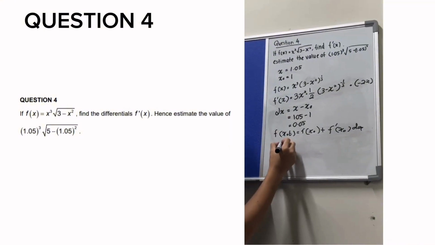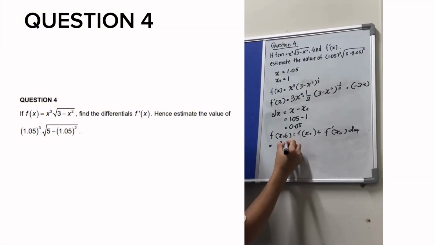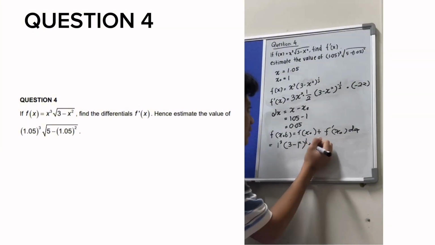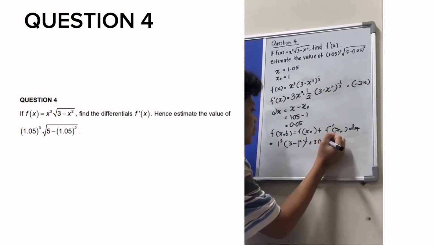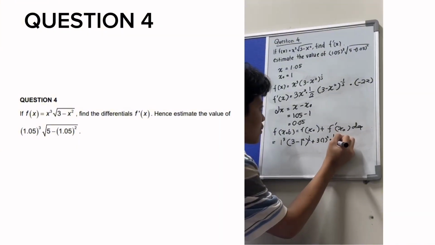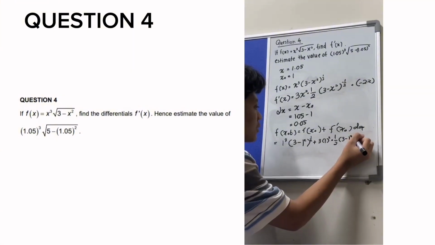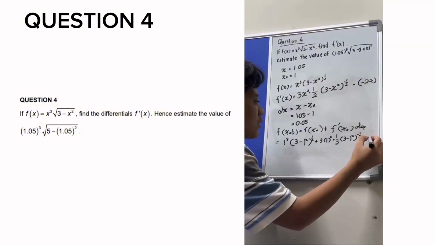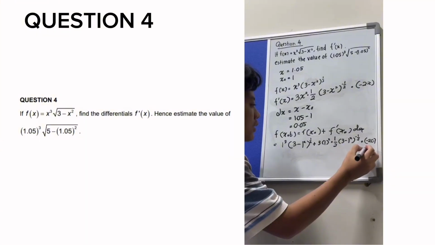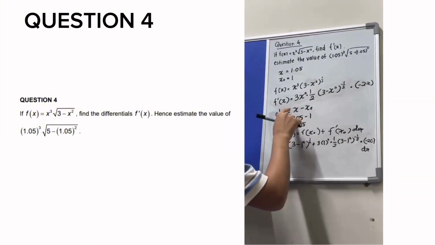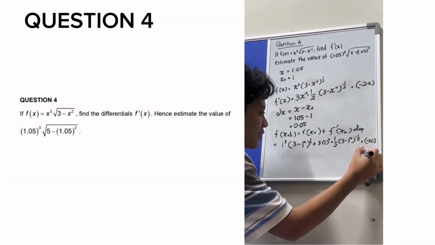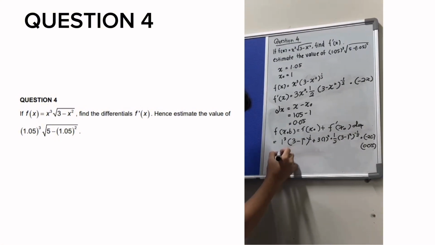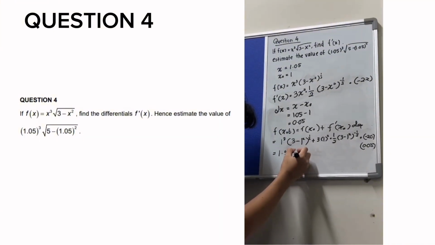So it's 2, 1, and 1. dx is 0.02. Just use the calculator and we get the answer, which is 1.5202.